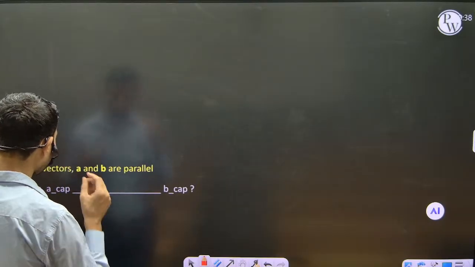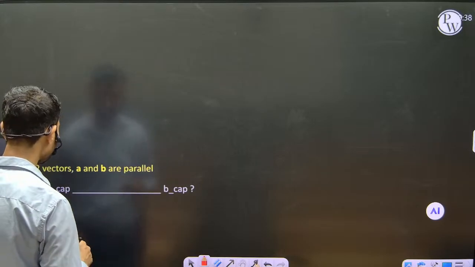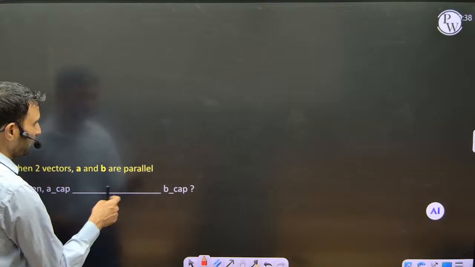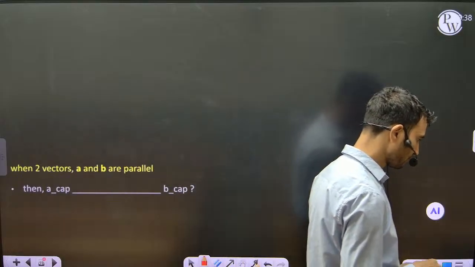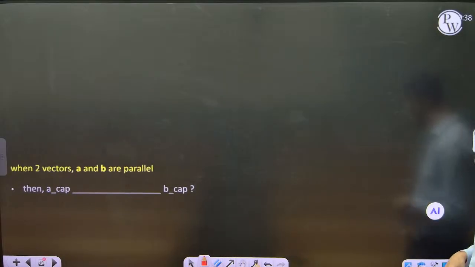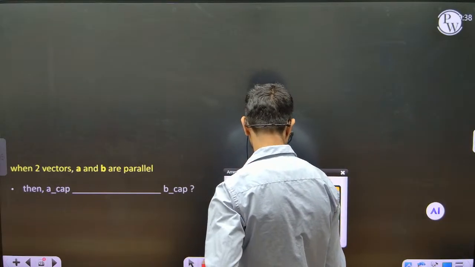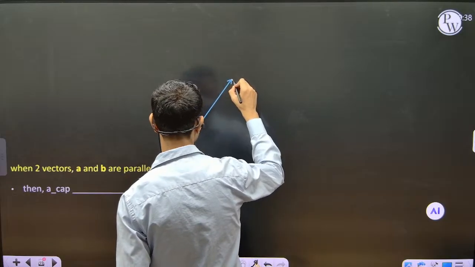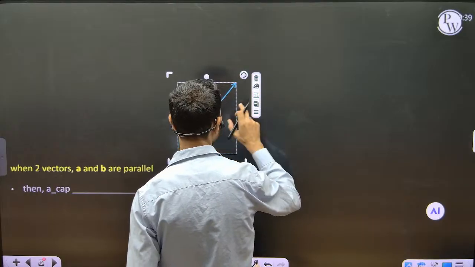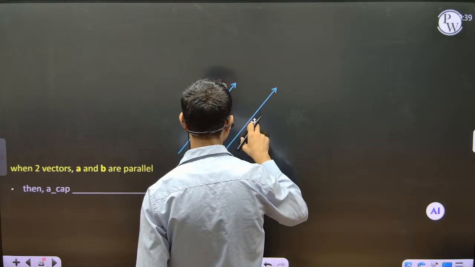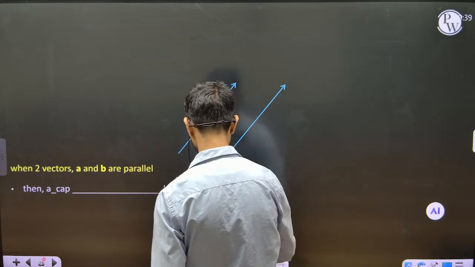When two vectors, A vector and B vector, are parallel, then what can you say about A cap and B cap? So let's understand this. Let's say you have one vector here and you have another vector here, but this vector's size is less.